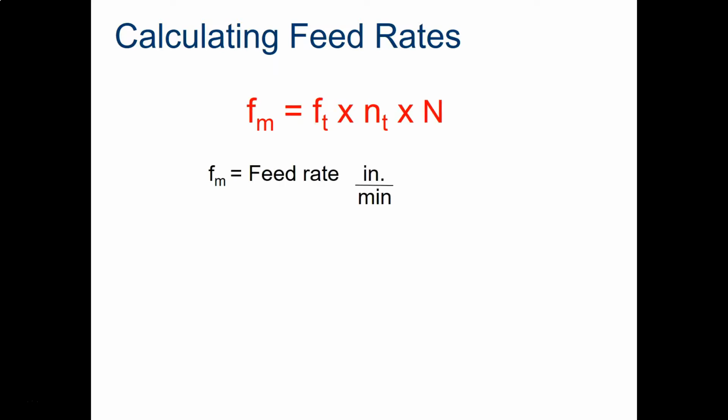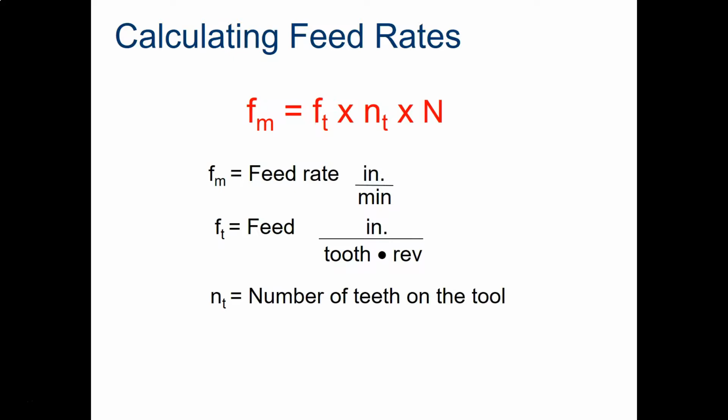So that covers the basics for speed rates. But what about feed? Let's calculate some feed rates now. Here's the basic equation. Fm, the feed rate, in inches per minute is equal to Ft, the recommended tool feed value, which is provided from a table and given as inches per tooth of revolutions, times Nt, the number of teeth, that's cutting faces, aka the number of flutes on the tool.